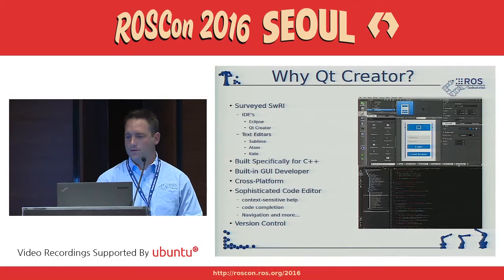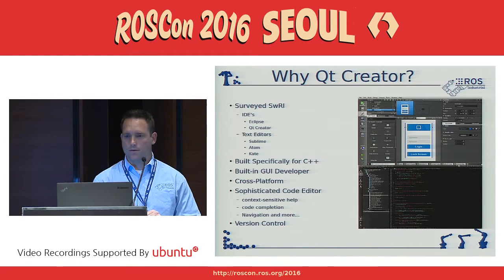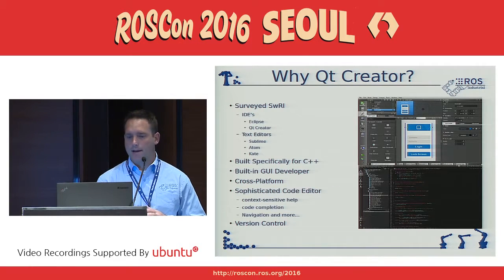So why Qt Creator? When I started at SwRI, I started surveying existing developers to find out what they were using. A lot of the developers were using, as far as an IDE, Eclipse and Qt Creator. There were also people using various text editors: Sublime, Atom, Kate, and Vim, which is terminal-based.